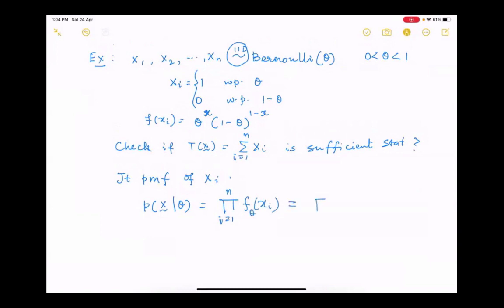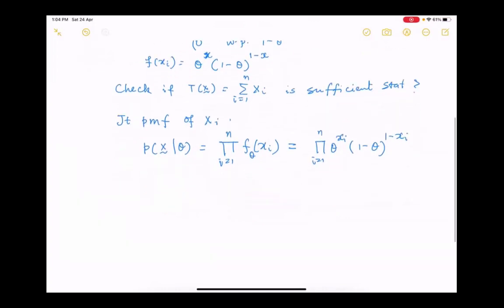So product of i equal to 1 to n, theta to the power xi, 1 minus theta to the power 1 minus xi.